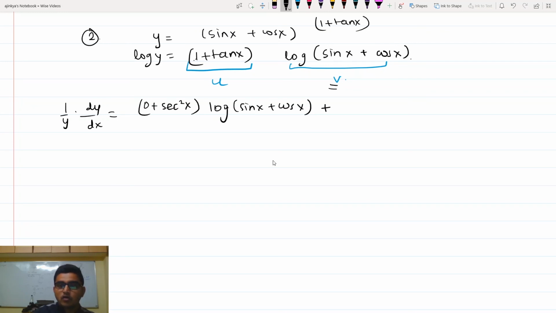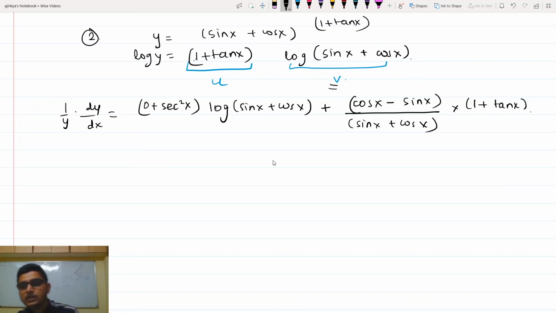So log of f of x differentiation will be 1 upon f of x, which is sine of x plus cos of x, and the differentiation with respect to this will be sine differentiation is cos of x and cos differentiation minus sine of x into what is u? U is 1 plus tan x. So we have our answer over here, but we need to simplify this further.